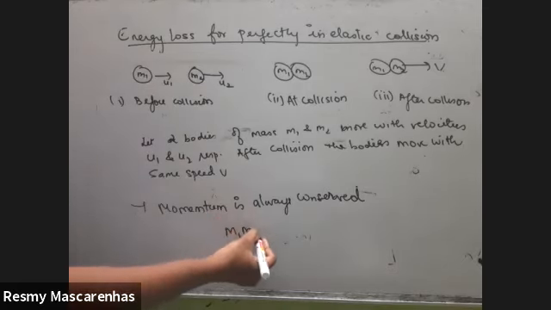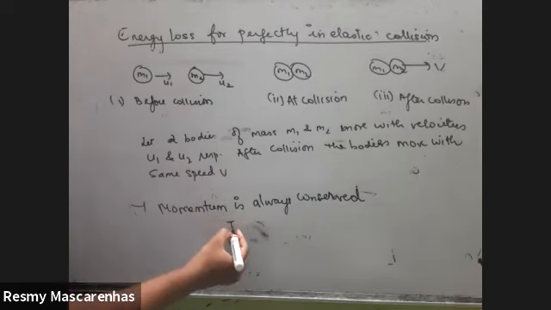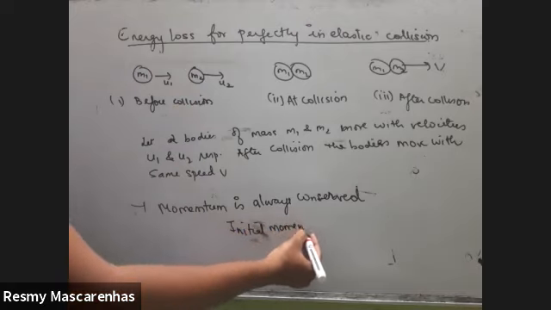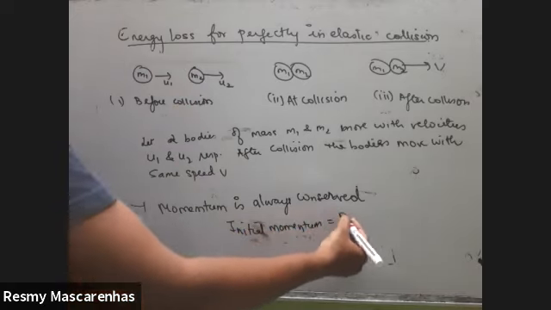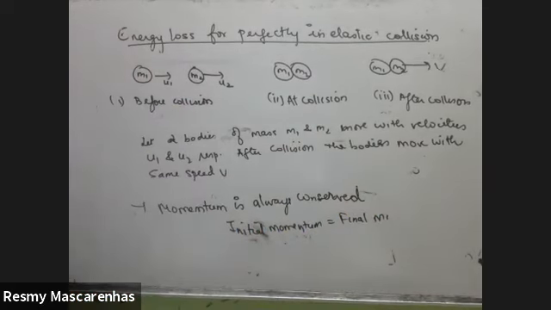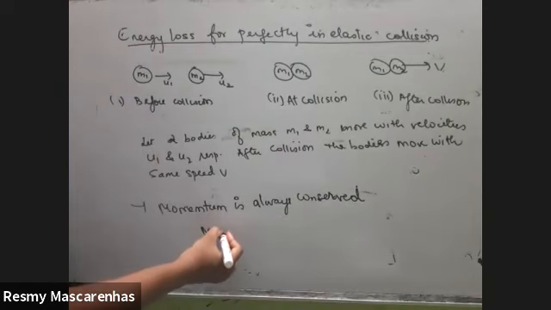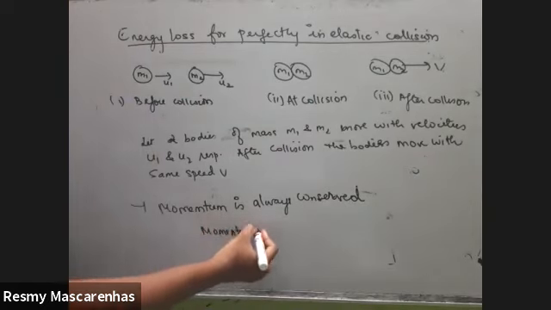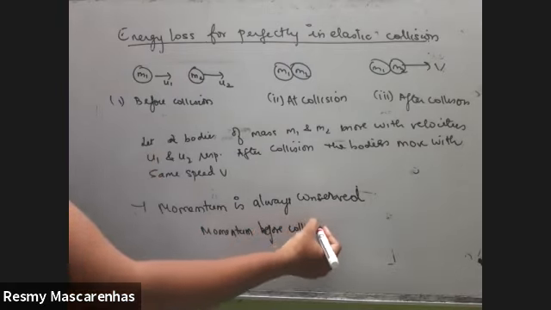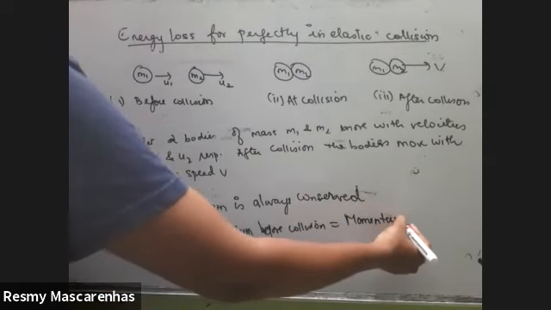Momentum is conserved means initial momentum equals final momentum, or the best option is momentum before collision is equal to momentum after collision. This is the best way to write.